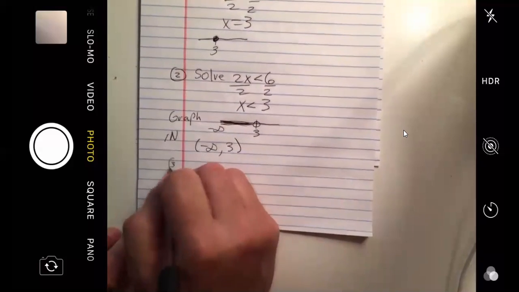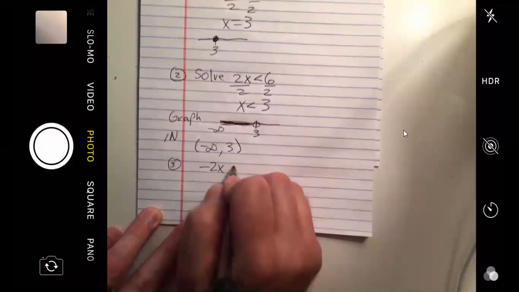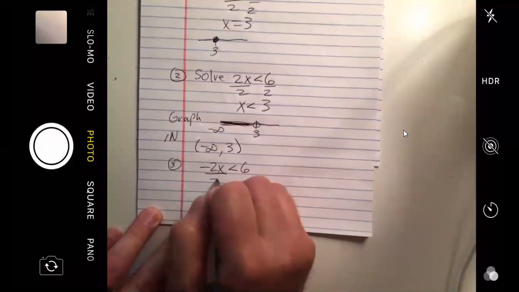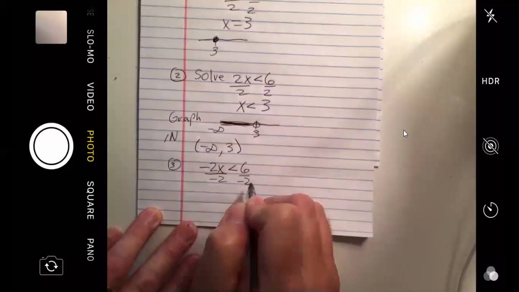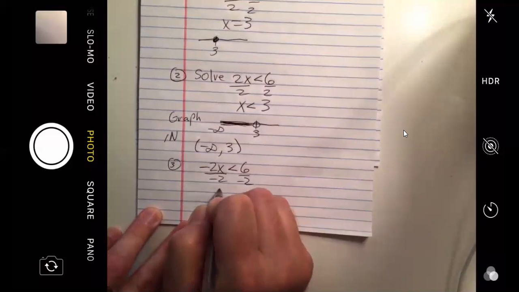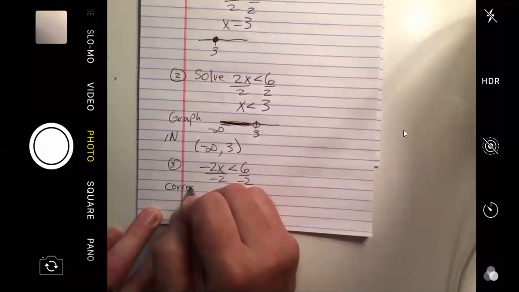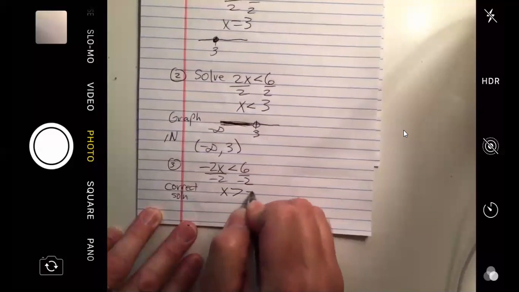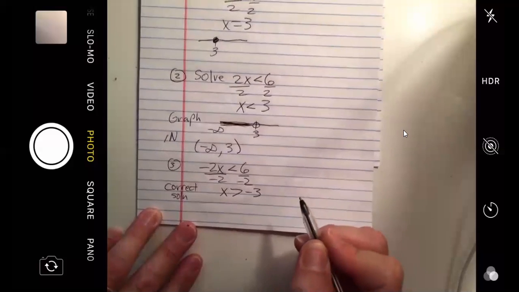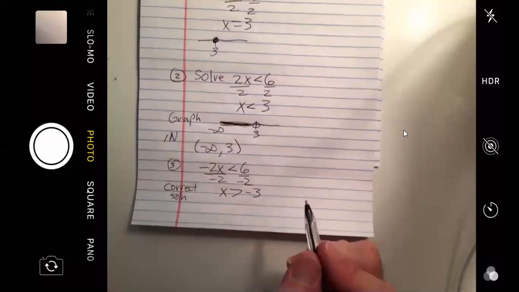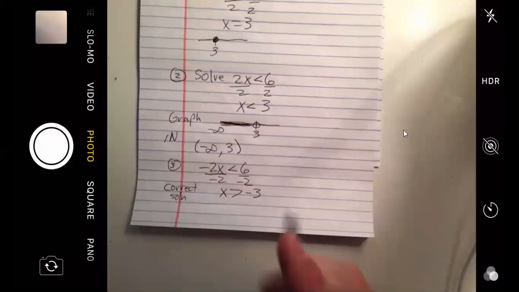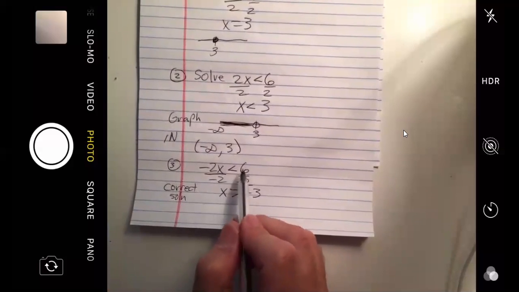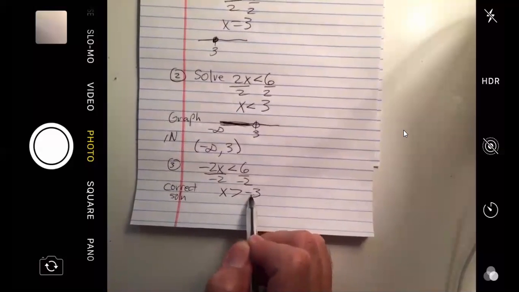The trick comes when you have negative 2x less than 6. Divide by negative 2, and your correct solution is x greater than negative 3. I hope that's not news to people. It's because if you don't switch, due to the sign rules, you wind up on the wrong side of negative 3.